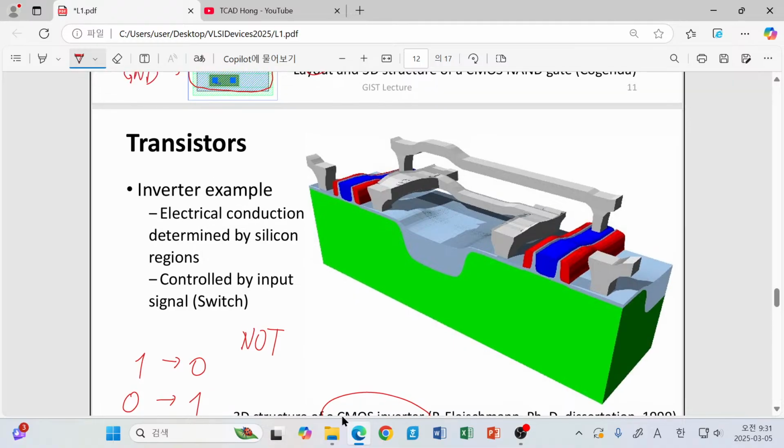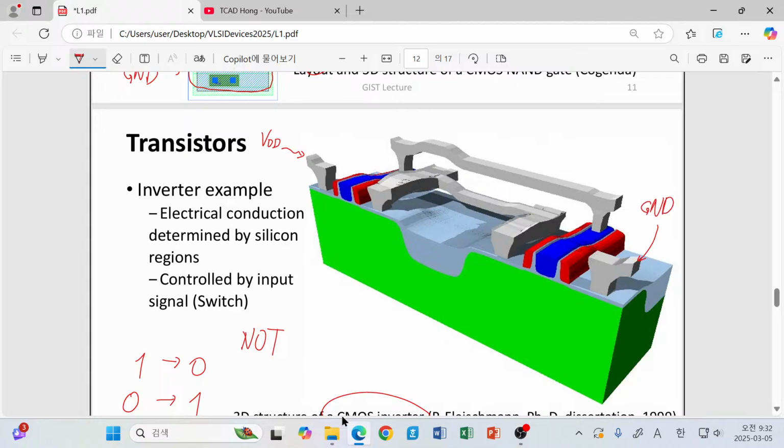Then how can you make this kind of logical operation? Here, this part is attached to the voltage source corresponding to VDD, so the maximum voltage you can expect in a system. And here you have the connection to the ground.